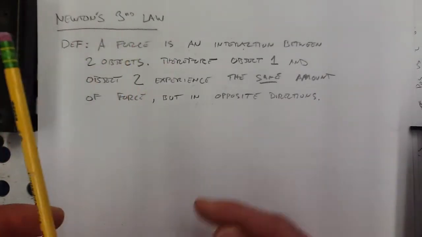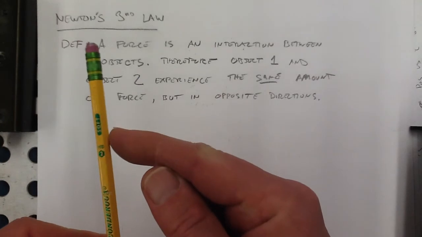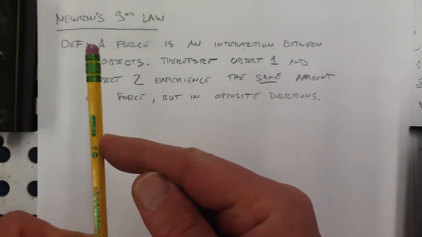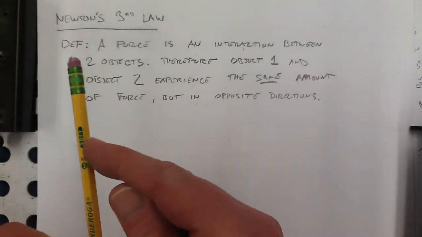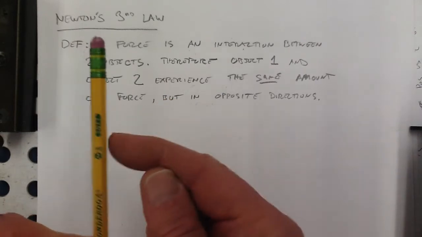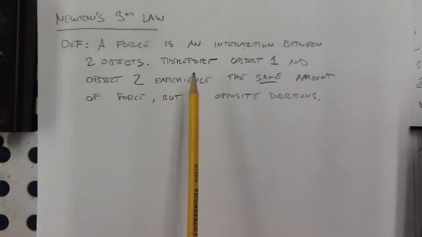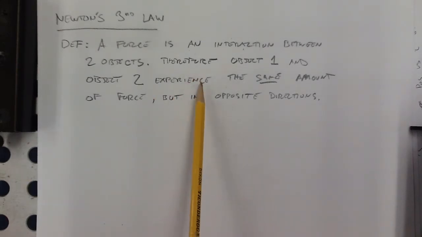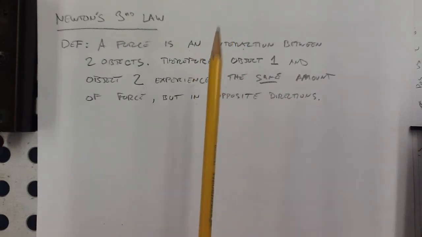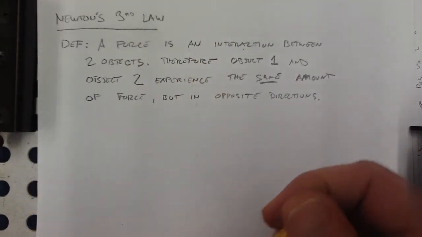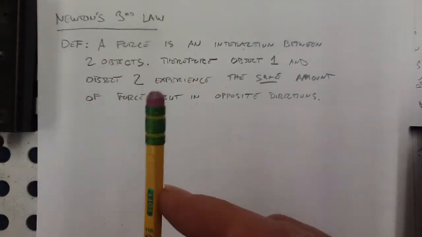So while the ball is in contact with the bat, what's bigger, the force of the bat on the ball or the force of the ball on the bat? Think about that for a second. The answer is they're exactly the same because there's only one bat-ball interaction.